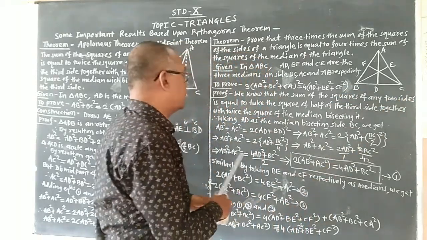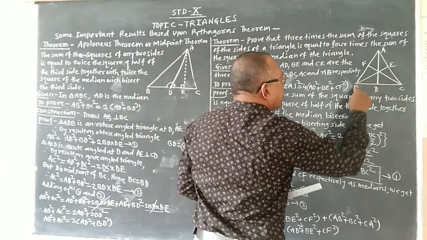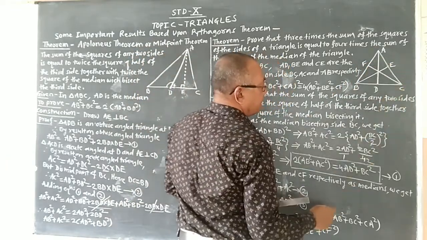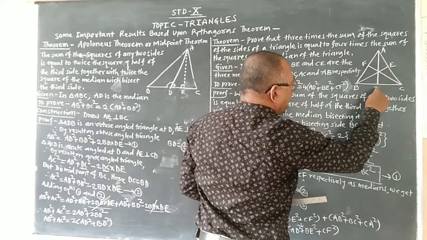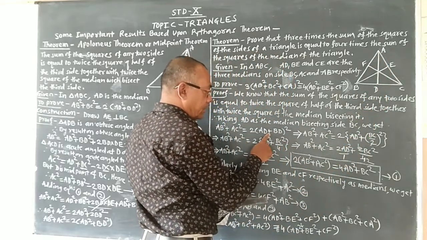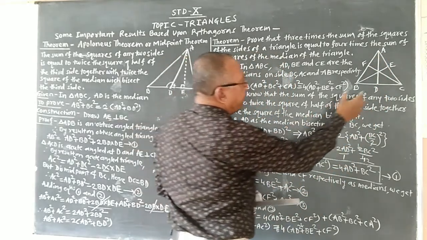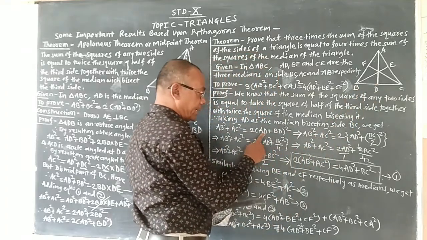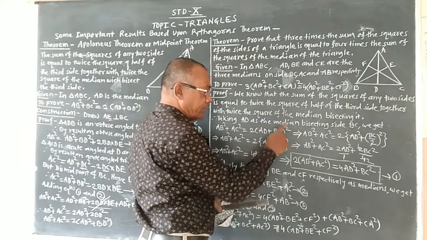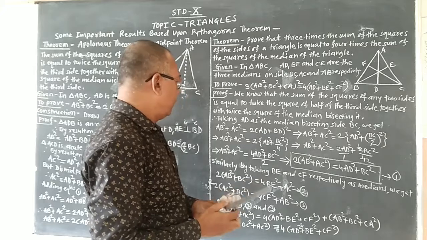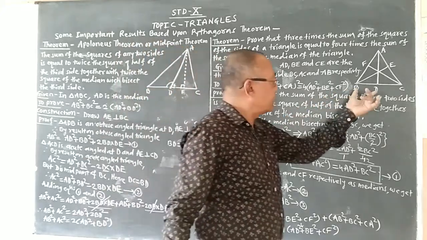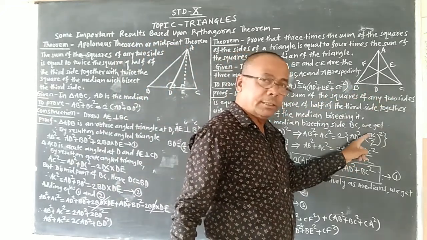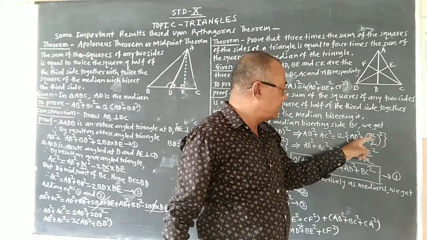then we will get AB square plus AC square is equal to 2AD square plus 2BD square, or 2 into (AD square plus BD square). Now we know that BD is half of BC, means BC upon 2.